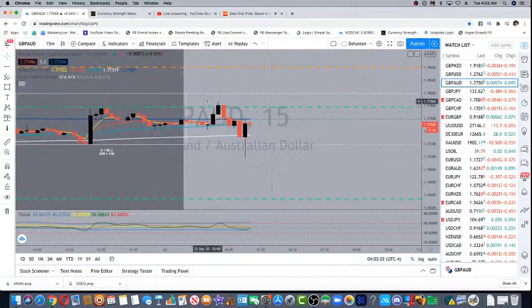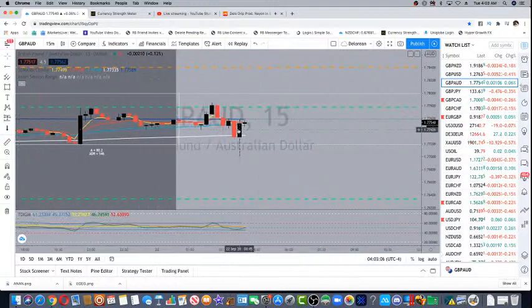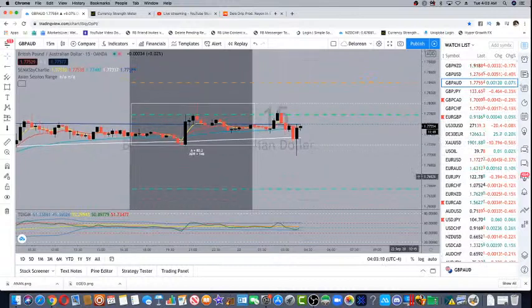I was hoping this would have closed above and it just kind of came down. I would have probably murdered that trade. Take that baby right down in here.